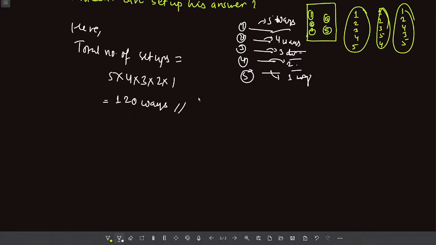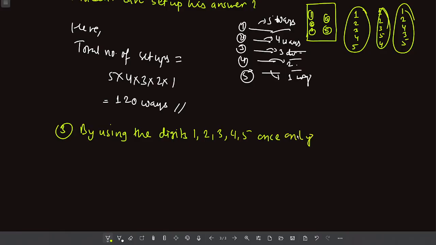Now next question is, by using the digits 1, 2, 3, 4 and 5 once only. Once only means it is the case of non-repetition. You cannot repeat the same digit again and again.